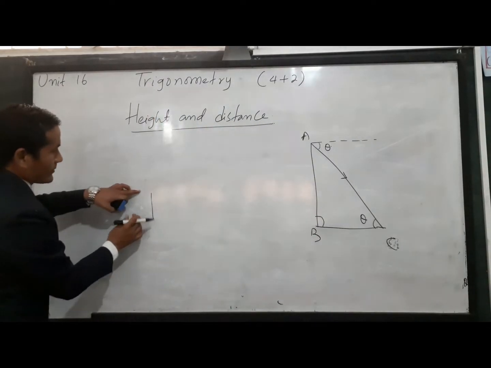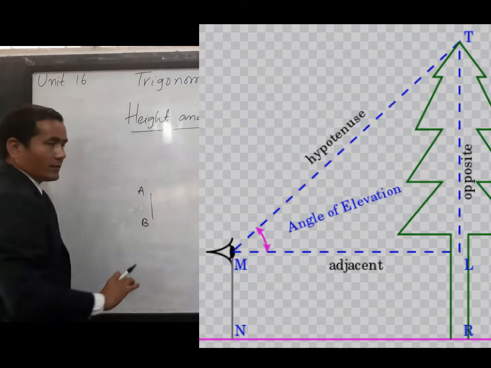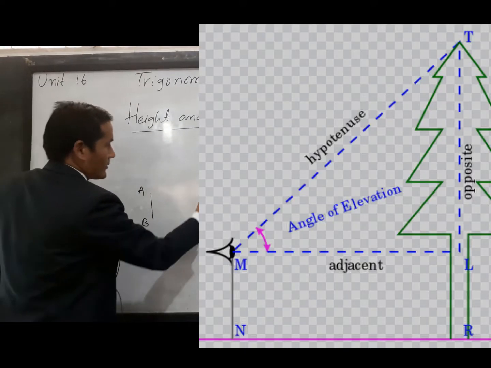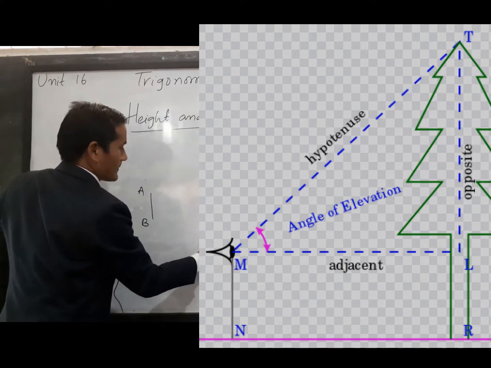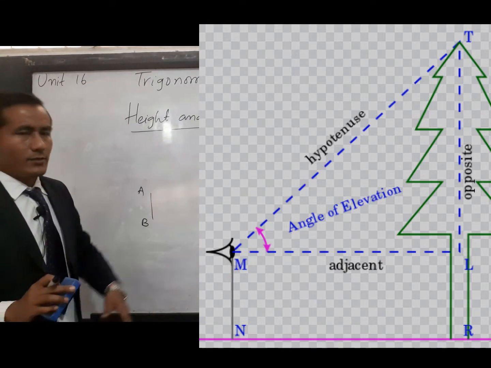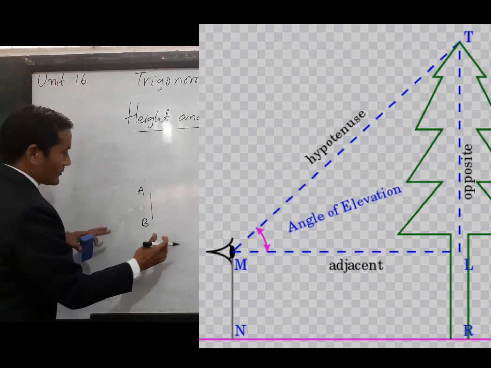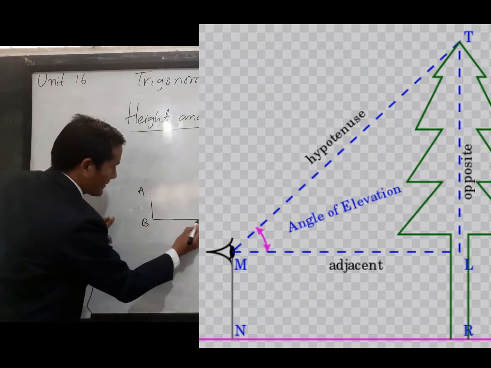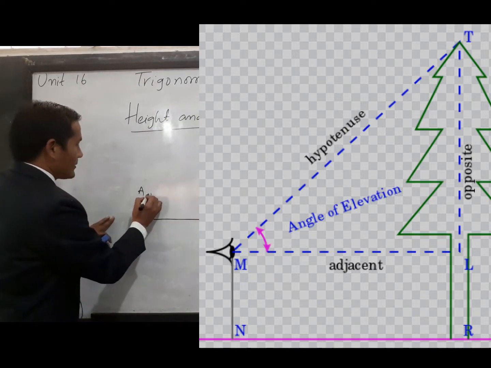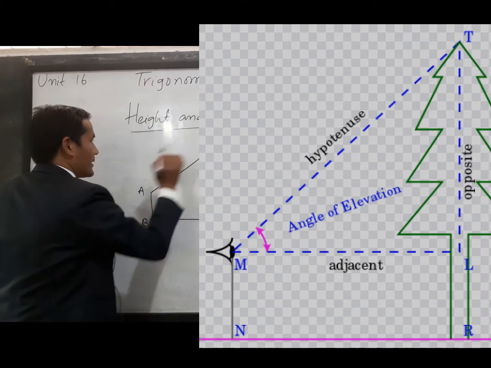And this is the height of a human being, and this is the height of a tree, CD. AB is the height of a man and CD is the height of a tree. The distance between these two objects is BD, and from here this is the line of sight.